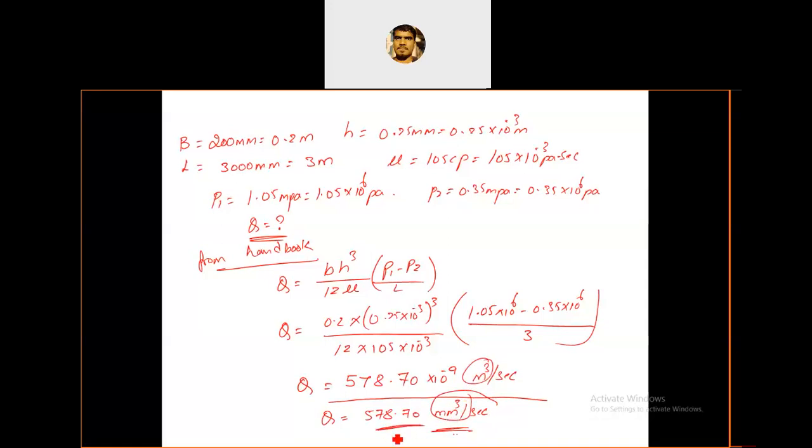If it is millimeter cube, 578.70. If it is meter cube, 578.70 times 10 raised to minus 9 meter cube per second. That is the flow rate. Here the only thing is you have to change the equation, because it is parallel plates, not a capillary tube.